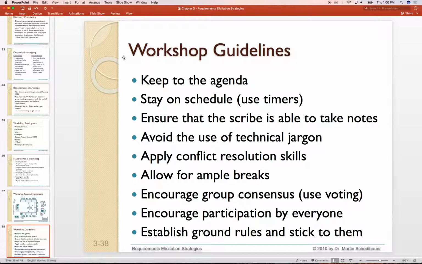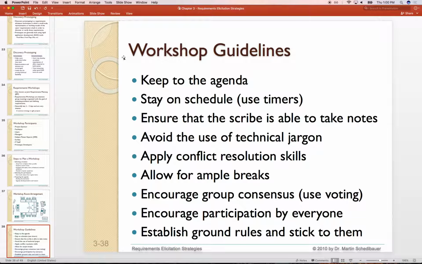Right. So there's going to be an agenda, and you're going to follow it and make sure that the scribes can take the notes, and that the folks doing the prototypes are also able to work on their stations.